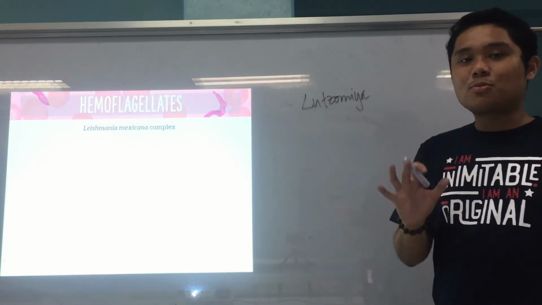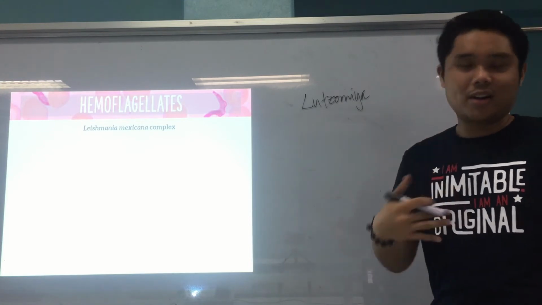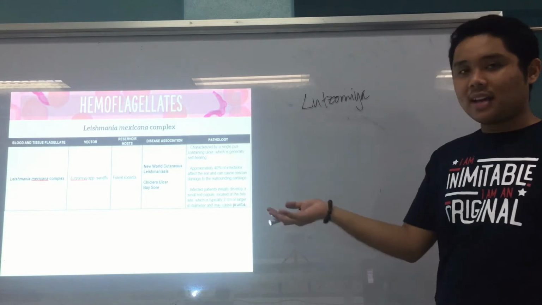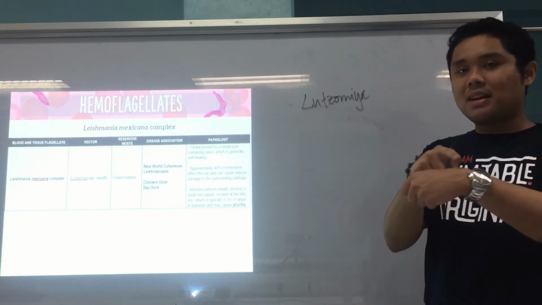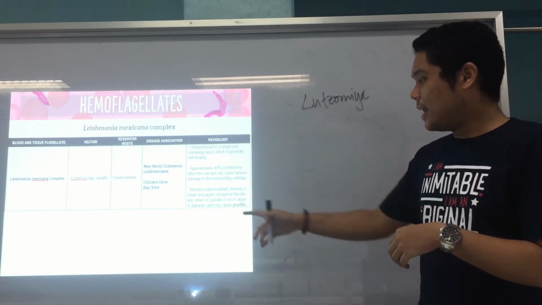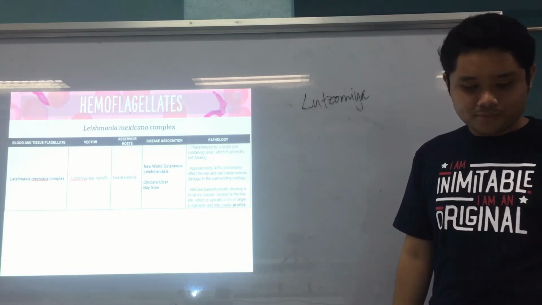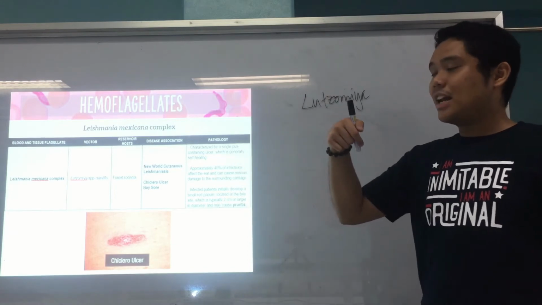For Leishmania mexicana, Lutzomyia sandfly pa rin, it causes New World cutaneous leishmaniasis. So, sa skin lang, cutaneous leishmaniasis. And it causes usually pruritus, so itchy. Here's an example of a Chiclero ulcer caused by Leishmania mexicana.